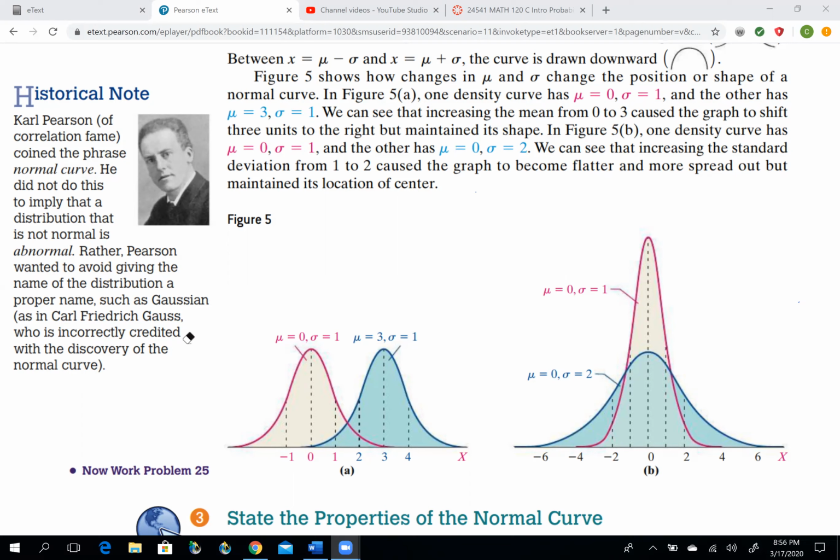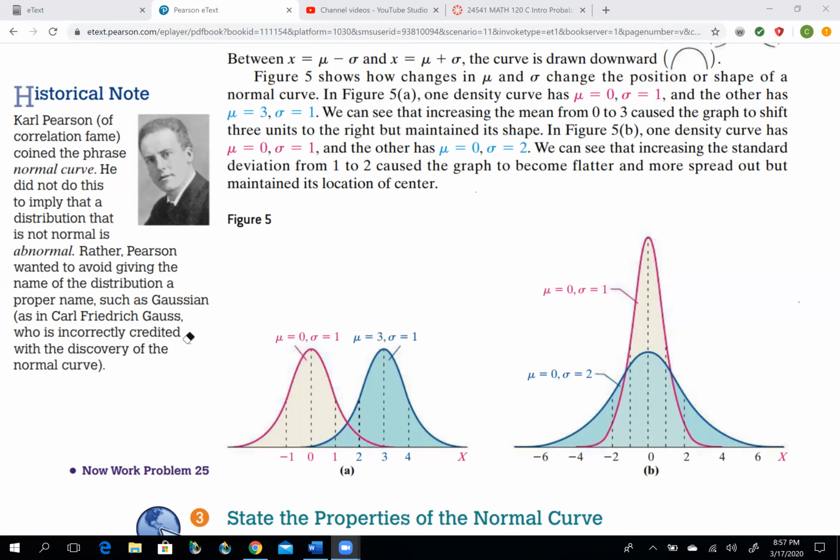We shift 3 units to the right, correct? If the standard deviation is the same, we have the same bell shape, but it's shifted either to the right or to the left. Here the mean is 0, and the next one the mean is 3, so we shift 3 units to the right.